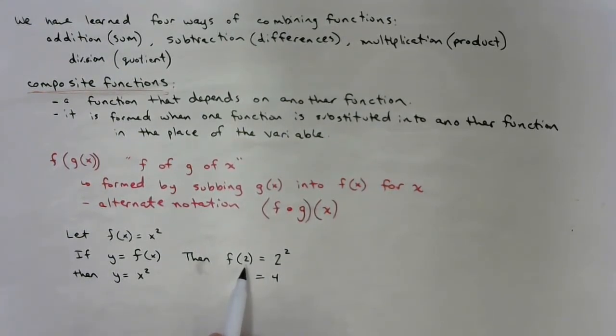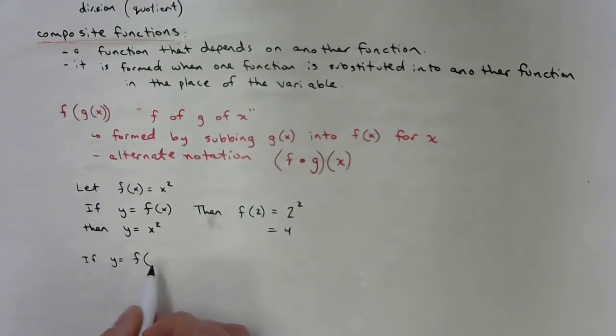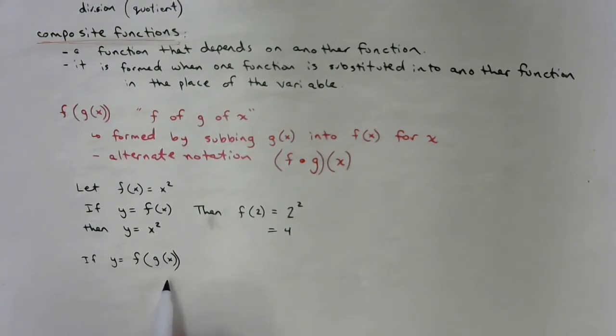That's just finding the value of the function when x is 2. When we're dealing with composite functions, we're finding the value of the function when x is another function. A function inside a function. So when we write, and maybe I don't need to write it, maybe I will, if y equals f of, and then in brackets, g of x, rather than substituting in a value for x, we're subbing in a whole other function.